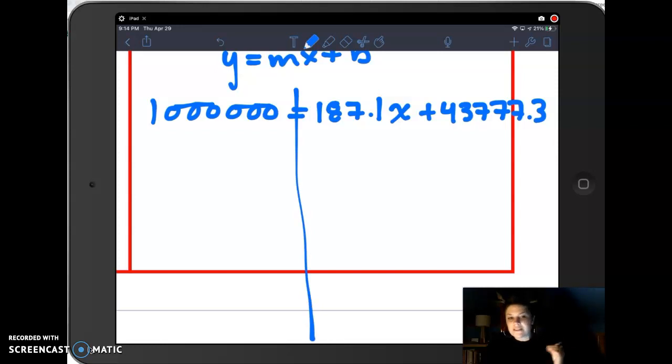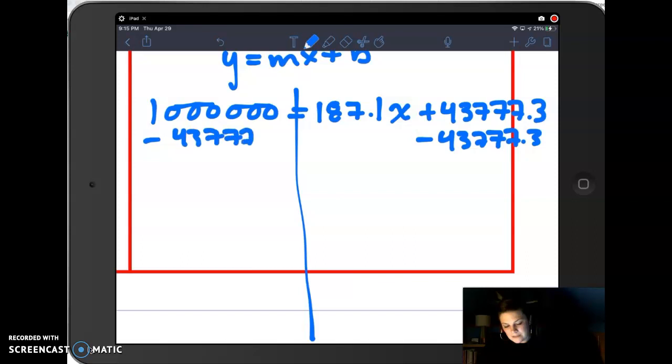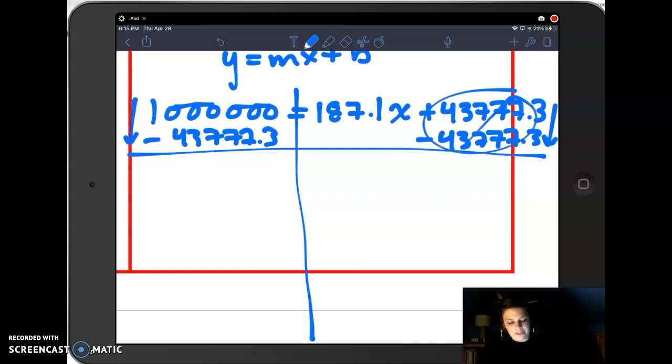And these steps to solve are exactly the same as the steps to solve in our last unit. So we're going to add or subtract first. And we always add from top to bottom, but we're creating a 0.